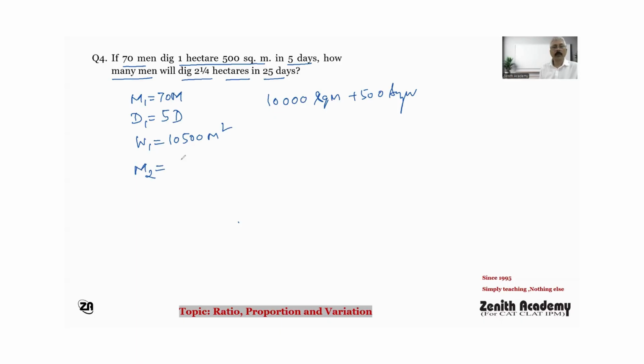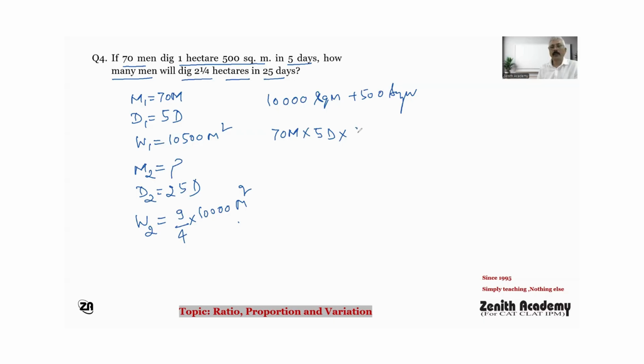M2 is how many men? Find out. And D2 is 25 days. W2 is 9 by 4 hectare, means into 10,000 square meter. So now the same formula. M1 is 70 men. D1 is 5 days.